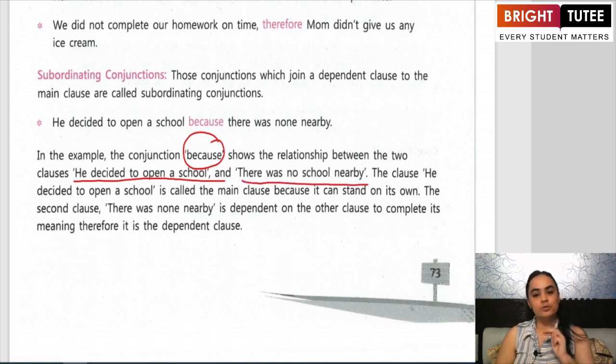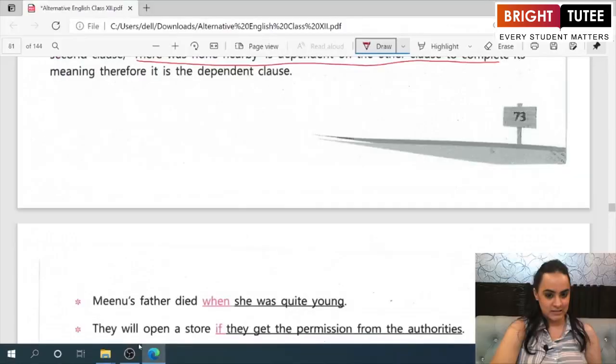So these two clauses have been joined using the word because. The reason we use a subordinating conjunction to join the subordinate clause to the main clause is that a subordinate clause cannot stand alone. It needs a main clause to depend on.